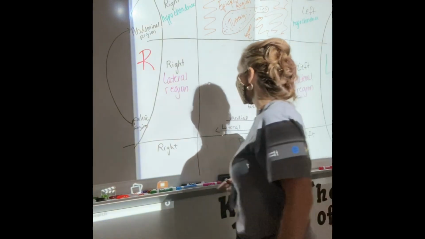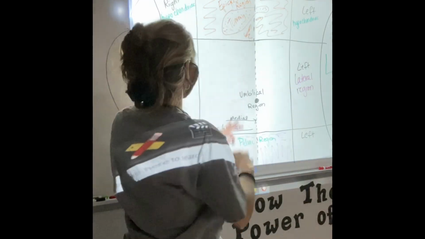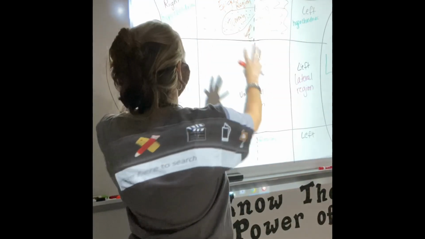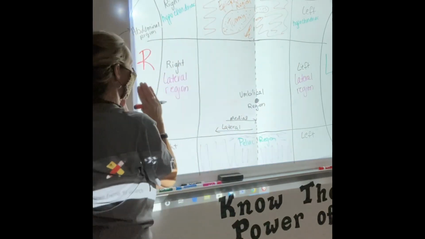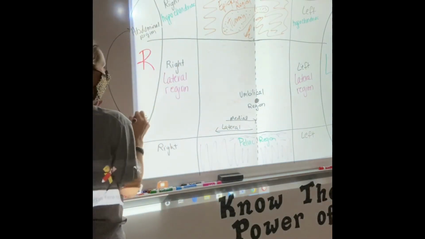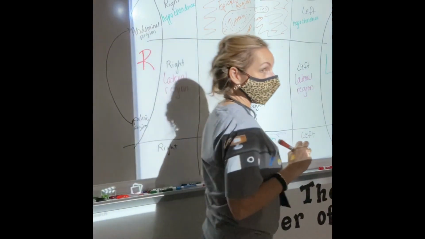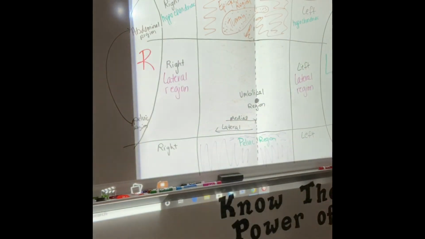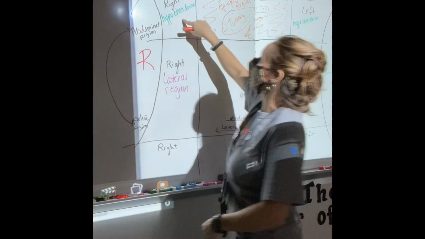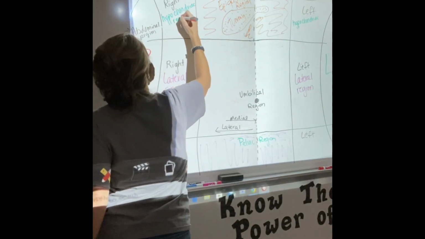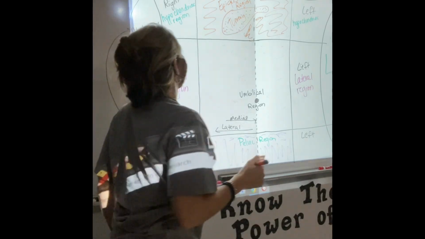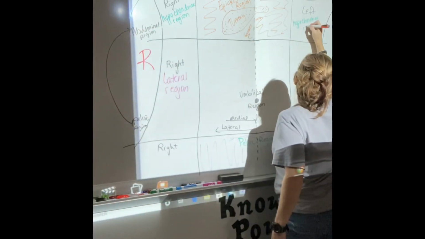And then every part of this, when we're naming the abdominal pelvic regions, just like in math, when you have a problem, you don't just write the number for the answer. What does the answer need to have with it? A solution, or a label. So: right hypochondriac region, left hypochondriac region.